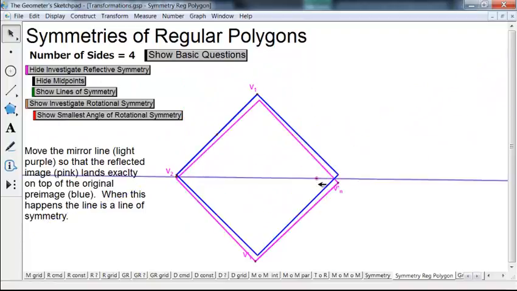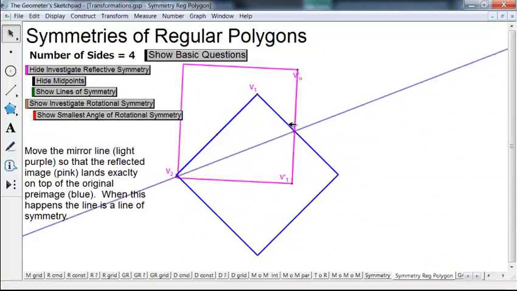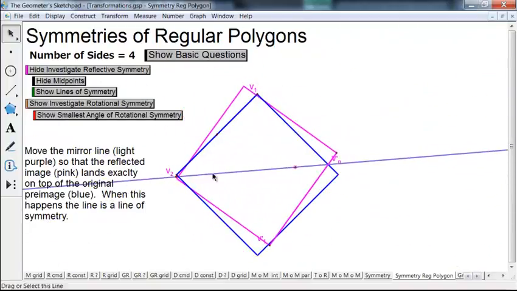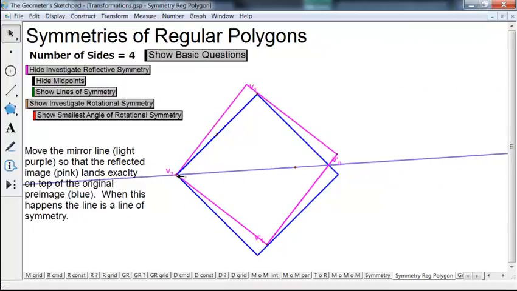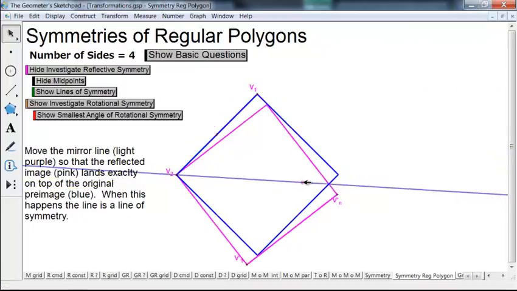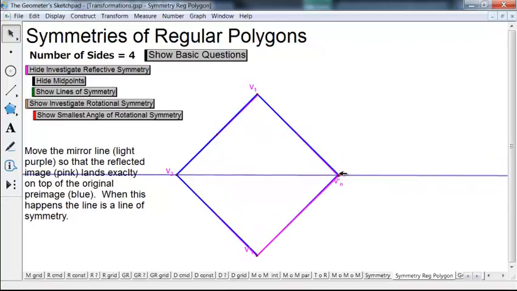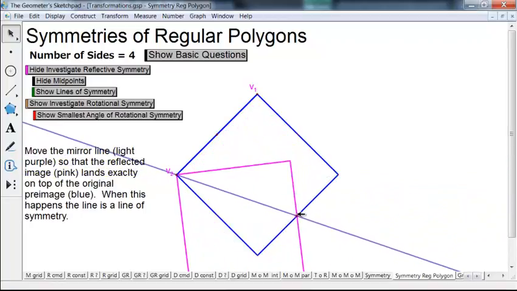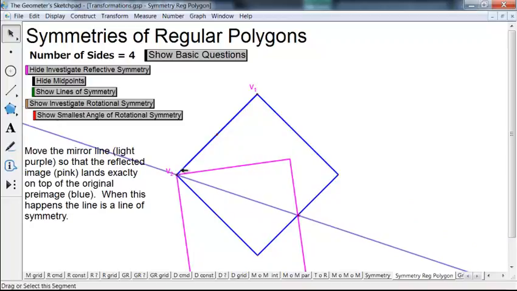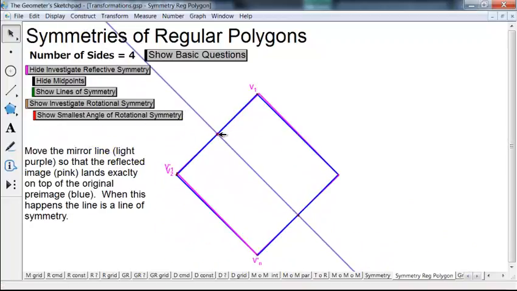Does that work? No. Where do I need to put it to make them work out? Oh, okay, there we go. Opposite vertices, that works. Is there any other possibility? What if I do... There we go, there's another one.